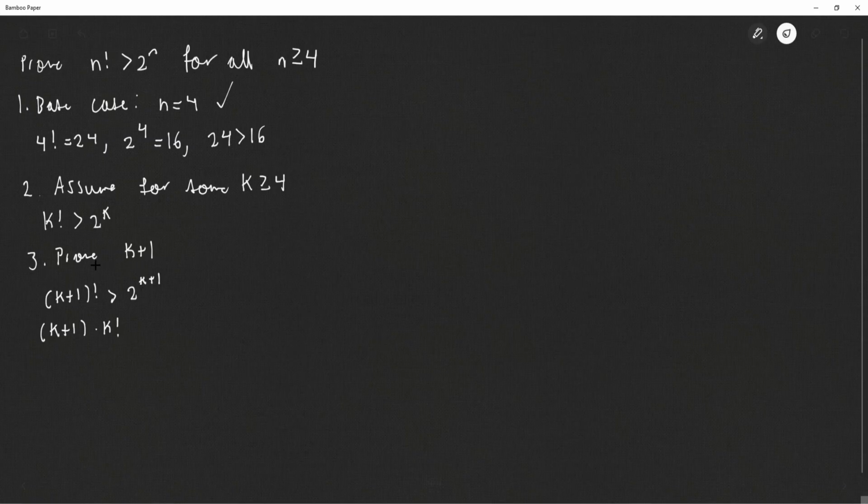So multiplying both sides by the positive k plus 1 will preserve the inequality. k plus 1 factorial is equal to k plus 1 multiplied by k factorial, that doesn't change, but now this is greater than k plus 1 multiplied by 2 to the power of k. So we've reduced the problem to comparing just k plus 1 multiplied by 2 to the k, which is right here, with 2 to the k plus 1.